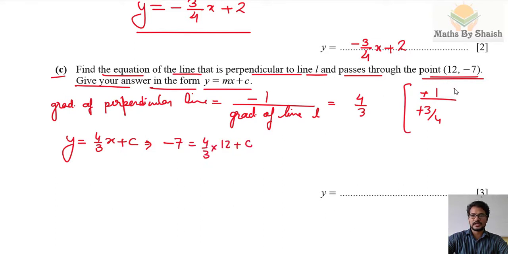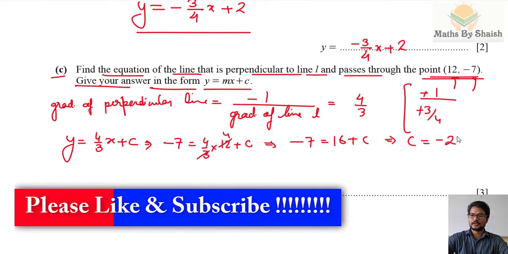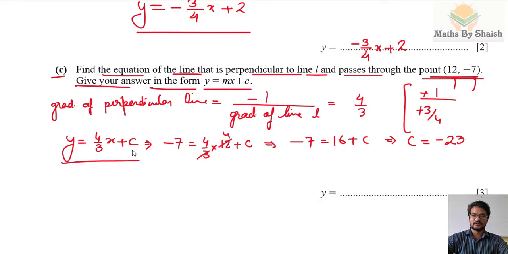I substituted x as 12 and y as minus 7. 3 into 12 goes 4 times, so we get minus 7 equals 16 plus c. From here c becomes, 16 goes to that side, minus 7 minus 16, which is minus 23. We had the equation of the line and were missing c, so now we have it: y equals 4 by 3 x minus 23, and that's the equation of the perpendicular line to L.